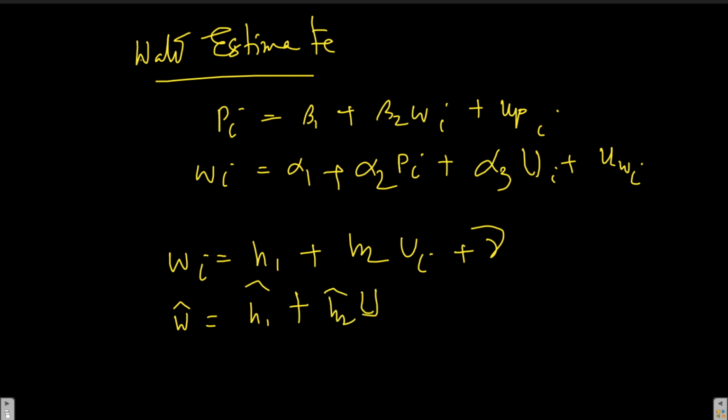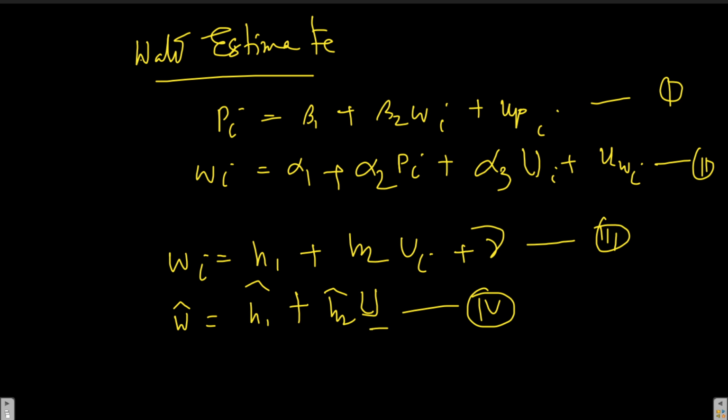Now, that is how we used to do previously. That is how we have learned, and then we substitute W hat into the first equation. Again, I number the equations 1, 2, 3, 4. Now, in this case, we'll do things a little differently. Instead of substituting W into the first equation, I'm going to use the IV, the U, directly in the first equation.